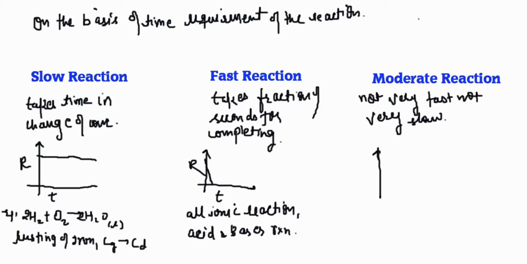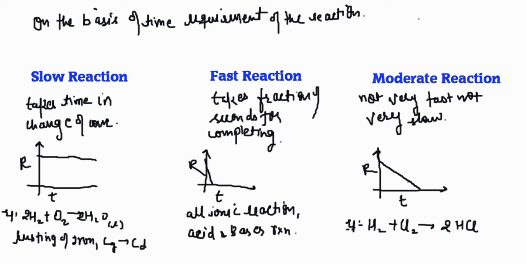It is not very fast, so we can see how fast it is changing. For example, H2 plus Cl2 gives 2HCl. So we generally prefer to study this type of reaction in chemical kinetics.